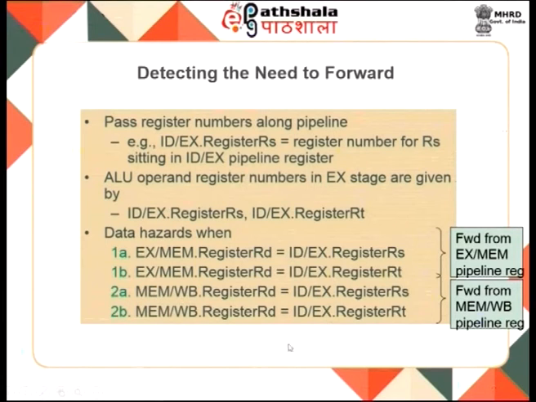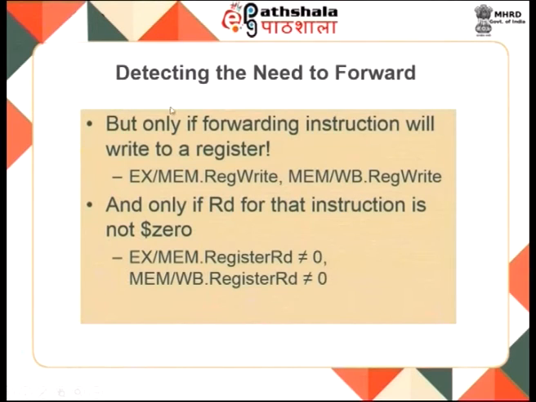That condition is given as 2A and 2B: MEMWB.RegisterRD matches either IDEX.RegisterRS or IDEX.RegisterRT. The first case is normally called an execution hazard and the second case is called a memory hazard.